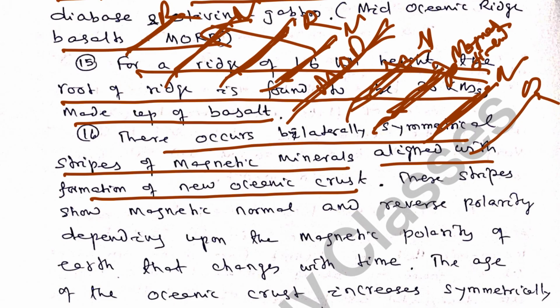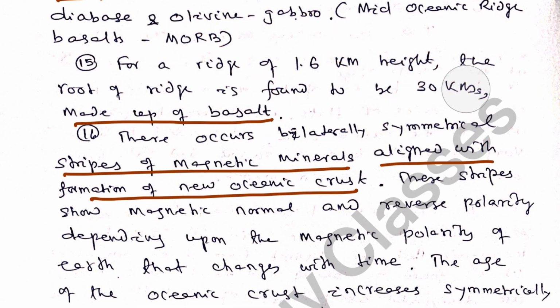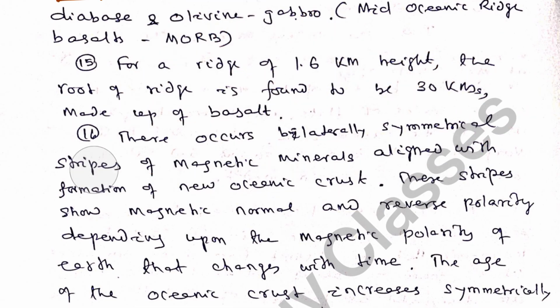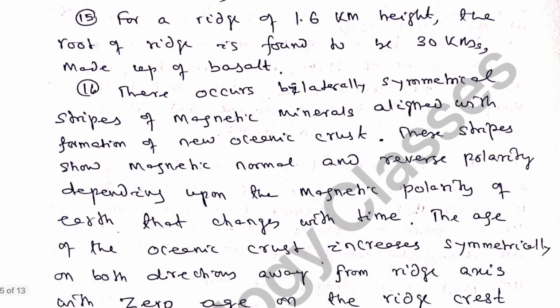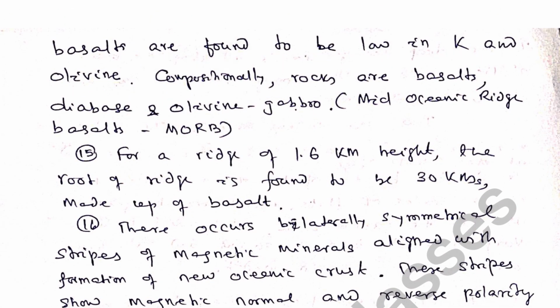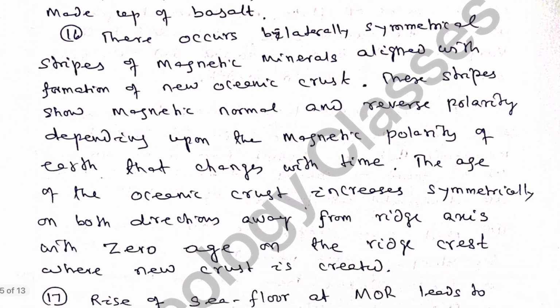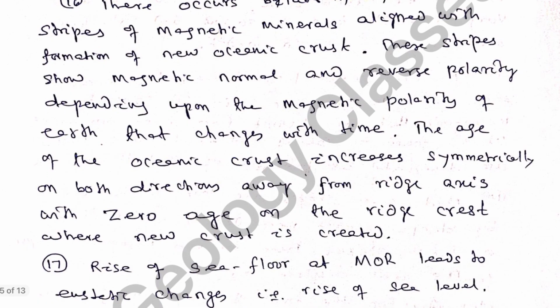Here we have to keep in mind that the Earth's magnetic field is found to change over time. At present, we are in a magnetic normal period, and it is the Brunhes period.